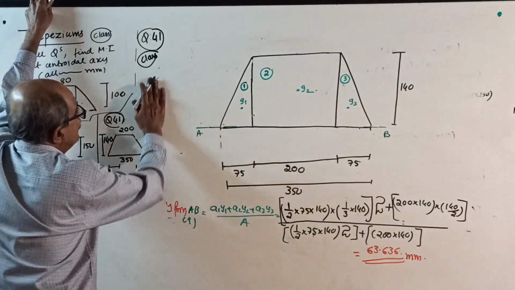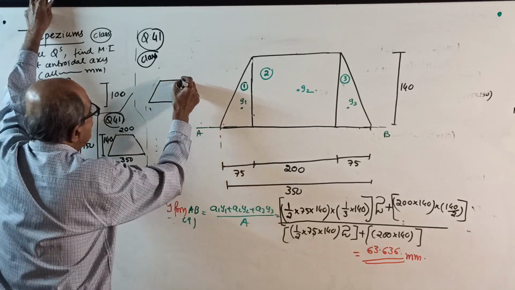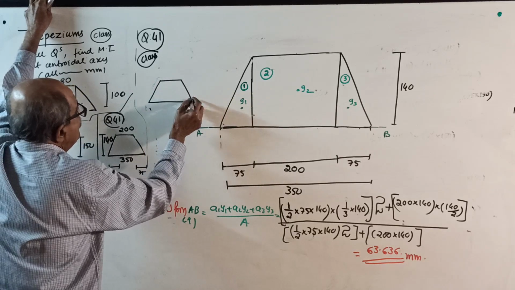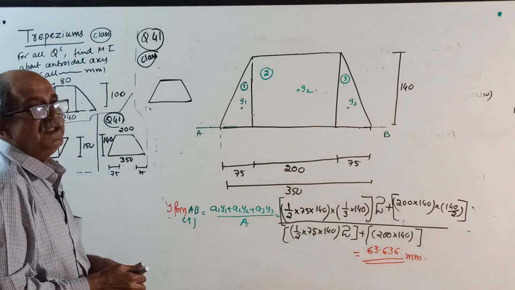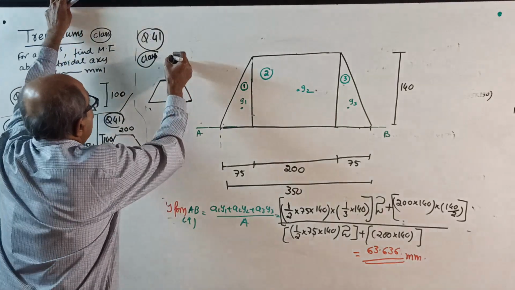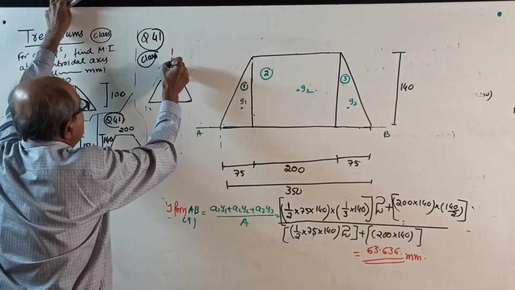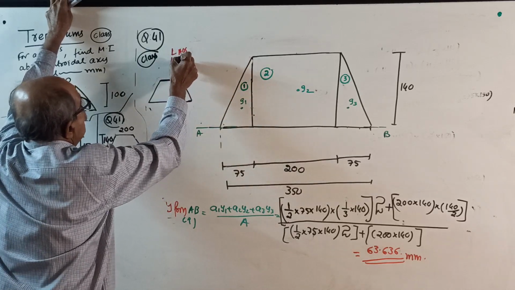Now, little advantage for you. See, here, what happens? See, equal offsets are given. Therefore, this time there is no need of finding x bar, y bar both, because this is the axis of symmetry. Axis of symmetry, that is your y axis.